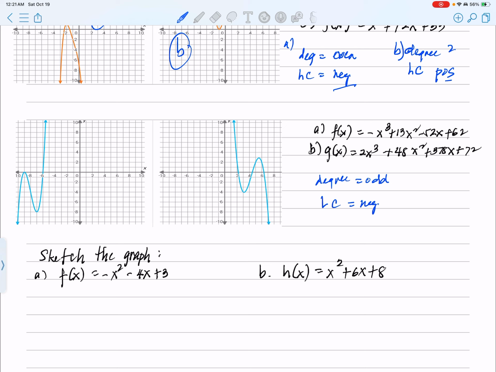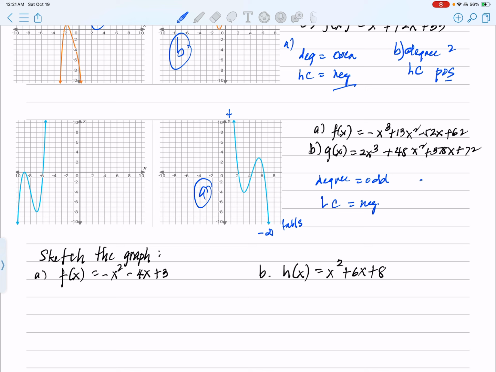Odd degree and negative. That means the left side rises and the right side falls. So look at this. This falls down. So it's negative. And this is positive. That means this is graph A.